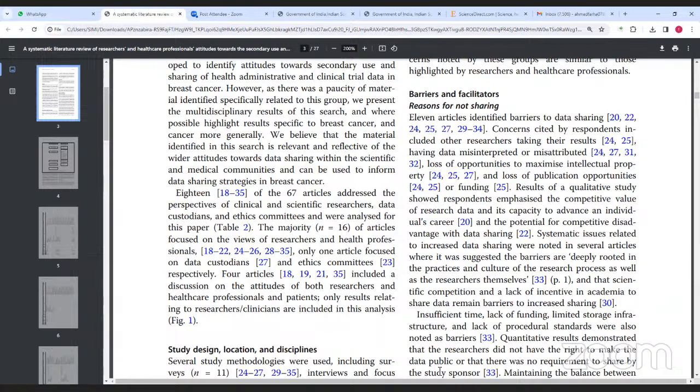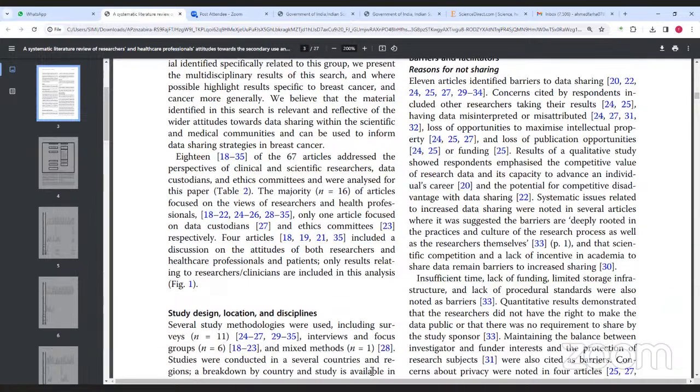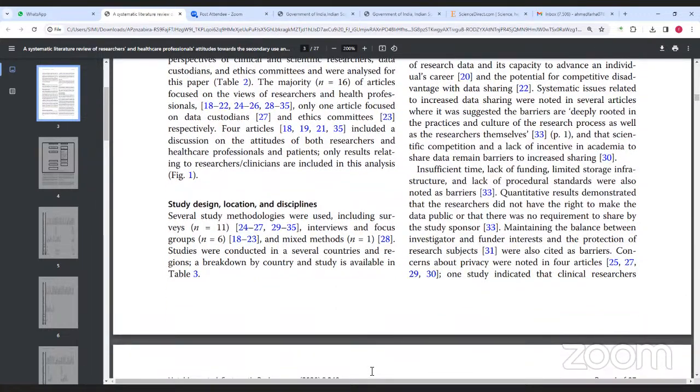Systematic issues related to increased data sharing were noted in several articles, where it was suggested the barriers are deeply rooted in the practices and culture of the research process, as well as the researchers themselves, and that scientific competition and a lack of incentive in academia to share data remain barriers to increased sharing. Insufficient time, lack of funding, limited storage infrastructure, and lack of procedural standards were also noted as barriers.